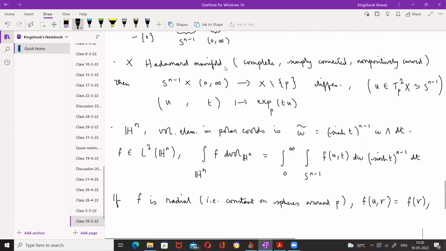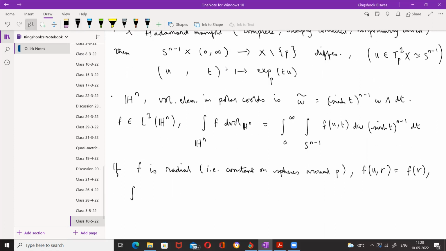The integral of f over H^n dvol is just the integral from 0 to infinity of f(r) sinh^(n-1)(r) dr, times the volume of S^(n-1).